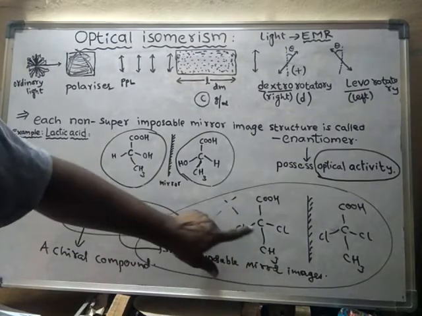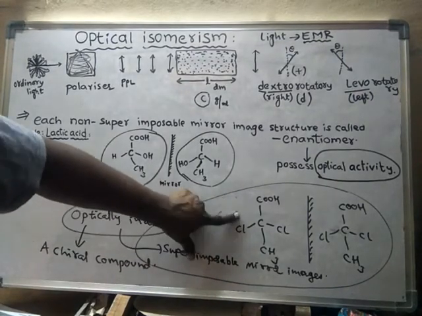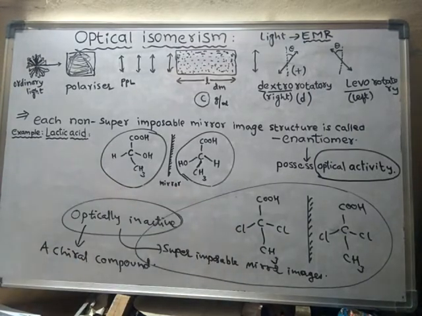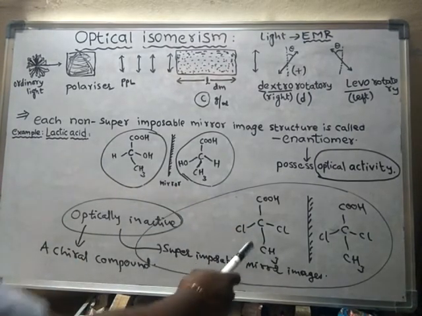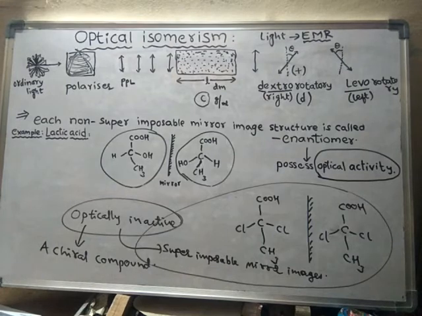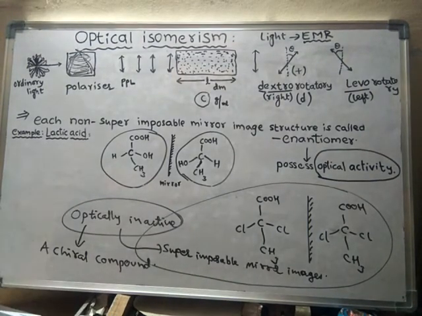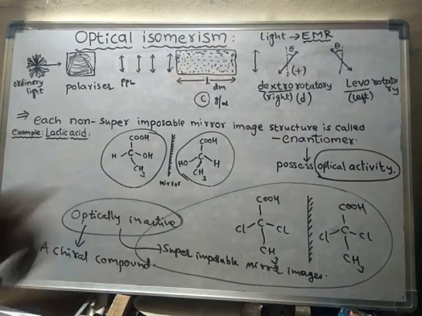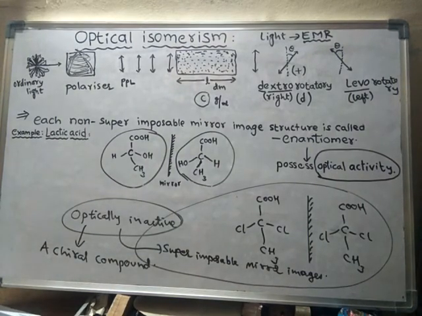Such compounds are said to be optically inactive compounds. They cannot rotate plane polarized light, so such compounds are said to be achiral compounds. We will learn about the other points in the next video.